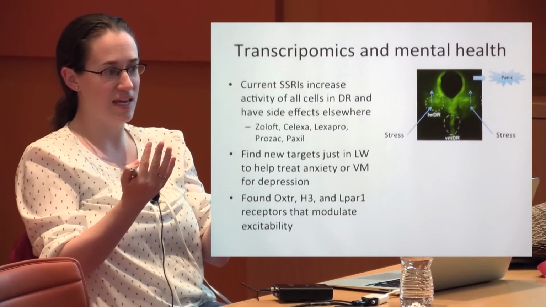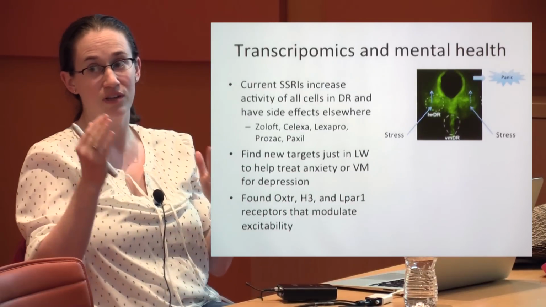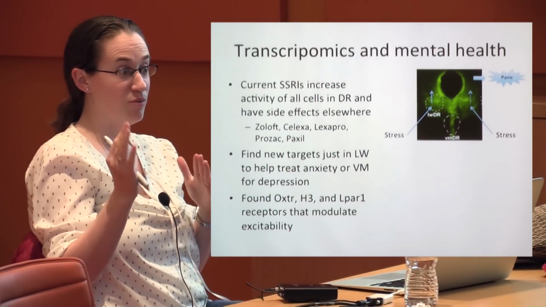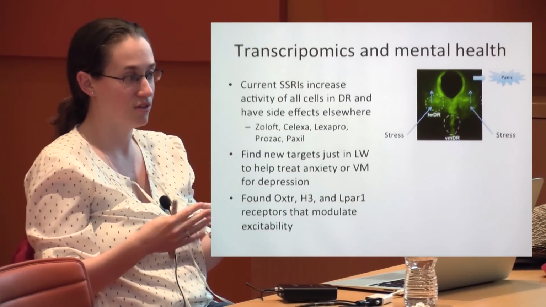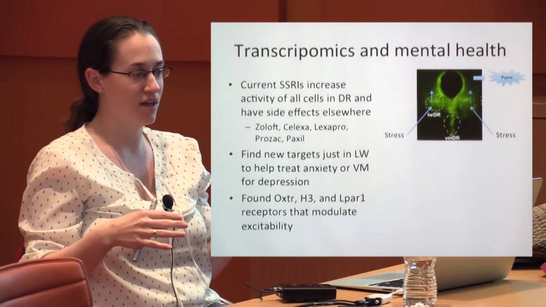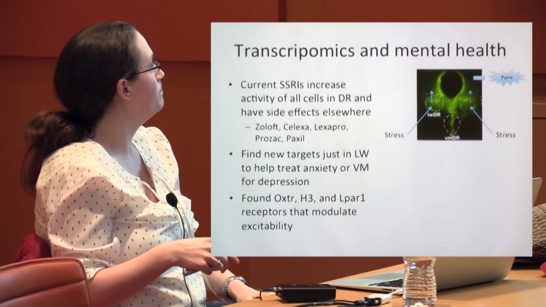And this is that heat map that I showed you before. It was the LW and the VM, and you can see that they're very different, and there are targets that are different even between those two regions, and hopefully we could find ones that would have less side effects on GI and all the other reasons that people stop taking their SSRIs.